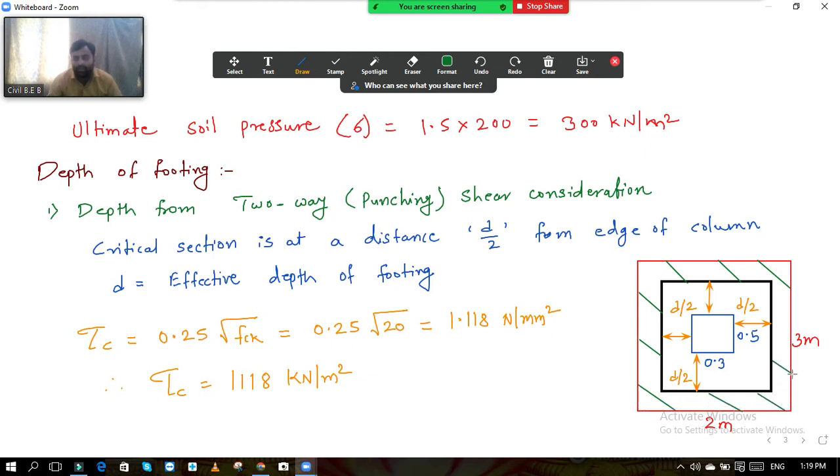Okay, why this area we are considering? Because after punching action, after all this gets punched, this area will remain, that is which I have hatched in green ink, that area will remain.